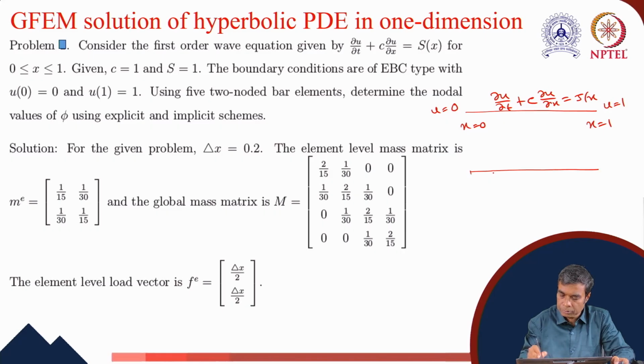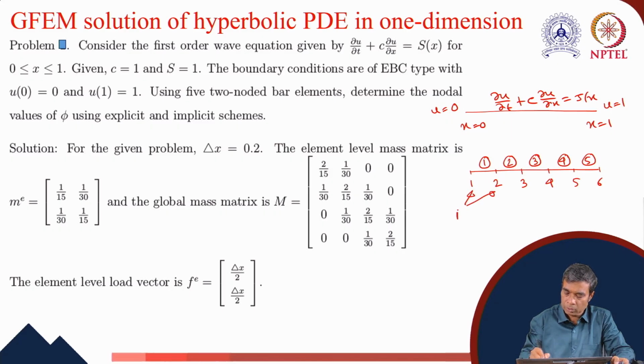So we have 5 elements, 1, 2, 3, 4, 5, and we have global nodes 1, 2, 3, 4, 5, 6. These are our global nodes. These are our elements. This is the x direction. So this is x equals to 1 and this is x equals to 0.